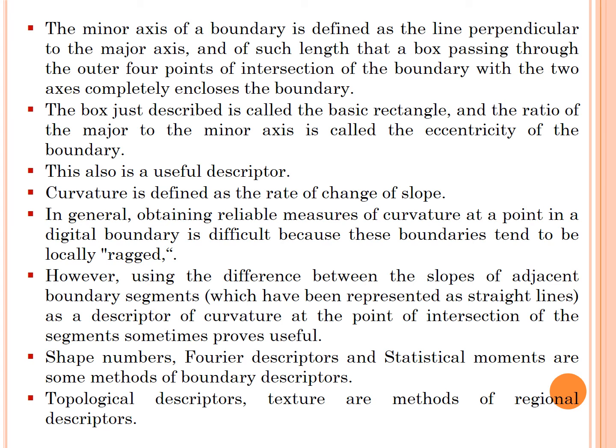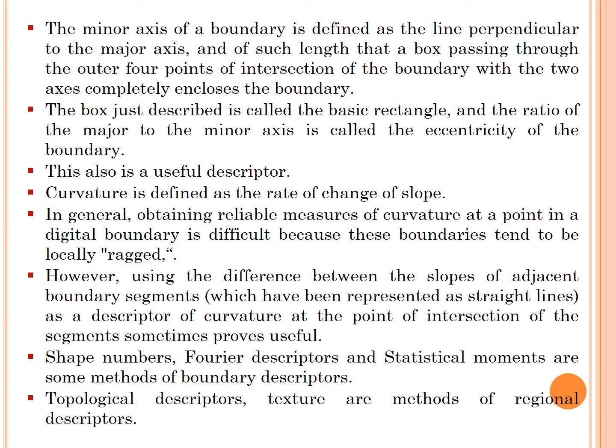Curvature is defined as the rate of change of slope. In general, obtaining reliable measures of curvature at a point in a digital boundary is difficult because these boundaries tend to be locally ragged.